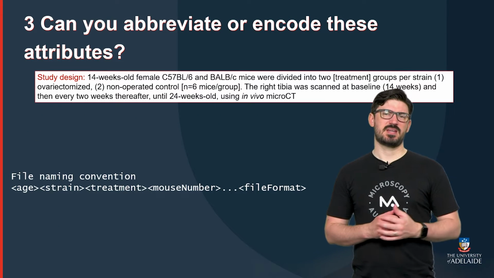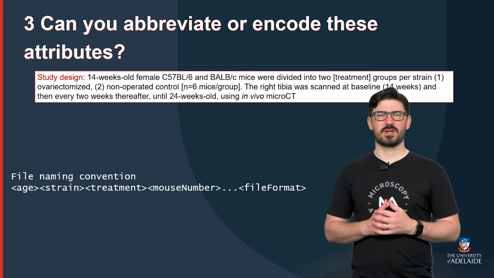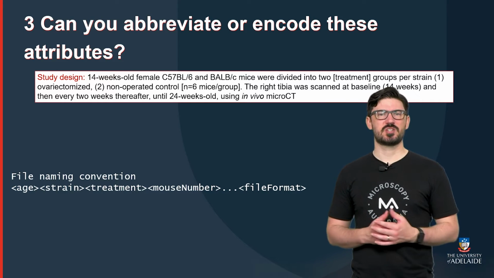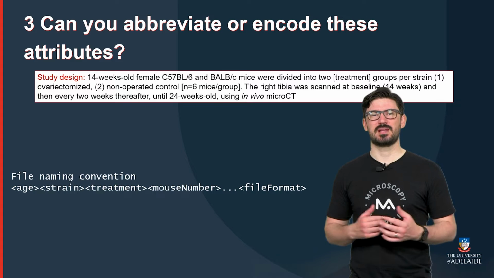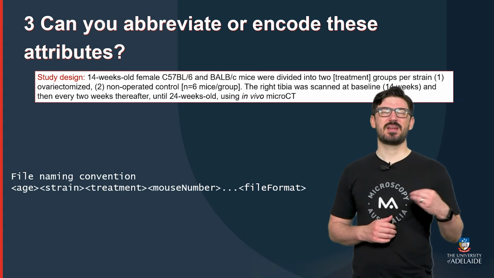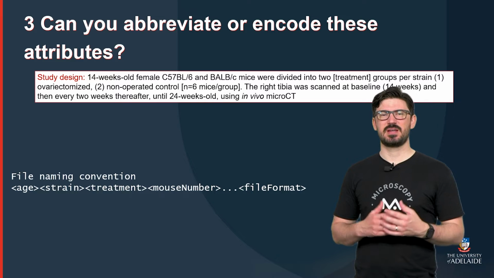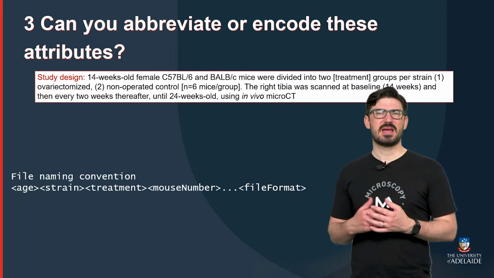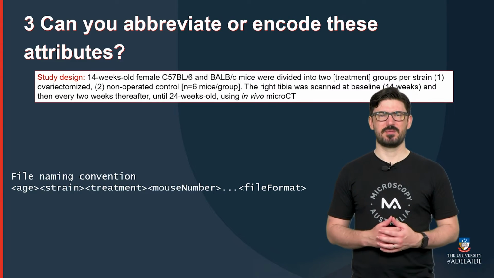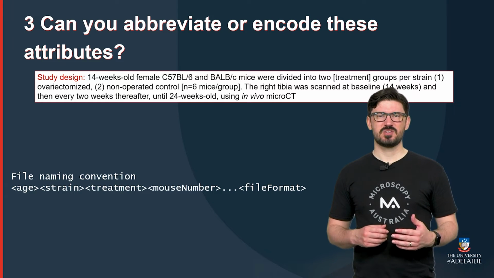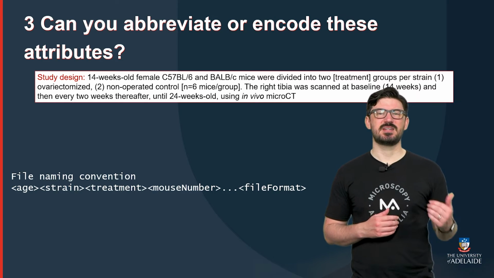So step 3, it asks, can you abbreviate or encode your attributes? Either can you reduce your attribute values to a 2 or 3 letter abbreviation, or can I encode an attribute, taking, for example, sex and assigning males the value 00 and females the value 01? And of course, the answer is yes. For age, remember, from the study design, it is in weeks.